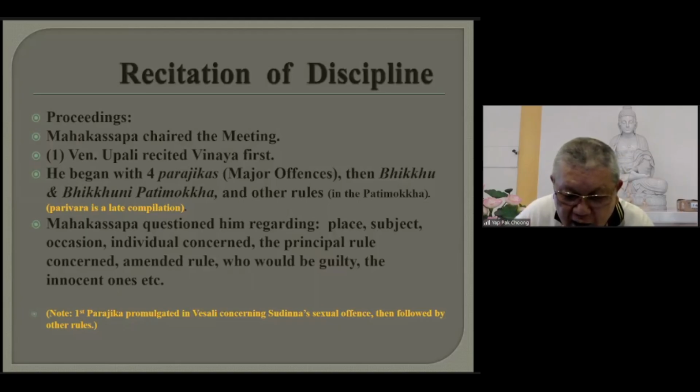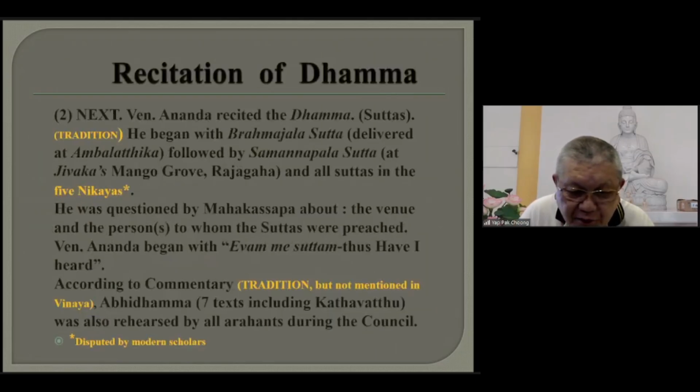Kassapa questioned him regarding all this. So every rule, after the 4 Parajika, then 13 Sanghadisesa, then Pacittiya, then 200 over rules, according to the Pali text. Okay? So place, subject, occasion, person concerned, the principal rule concerned, amended rule, exemption, who guilty, who innocent, everything he explained in detail, one after another.